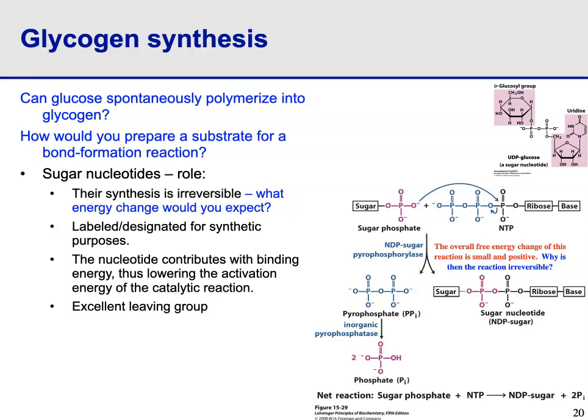So how would you prepare a stable substrate for a bond formation reaction? What would you do? What needs to happen? Well, if the molecule is stable, which prevents it from polymerizing, then the natural thing to do is to disturb it, destabilize it, or activate it.